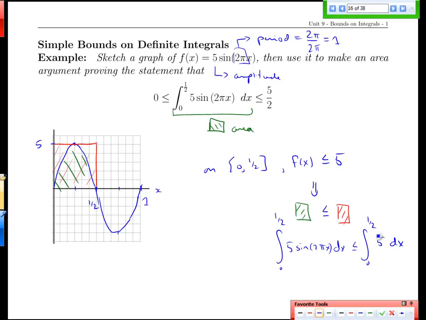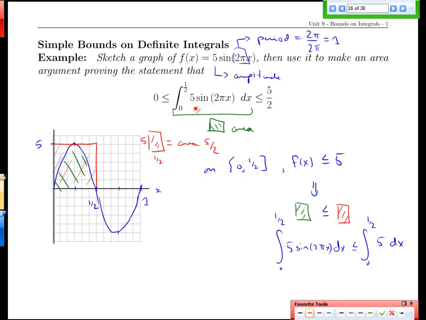We're going to learn specific techniques later on, but if we just look at this diagram, it's a rectangle with height 5 on this side, 1/2 on the other, and so the area is 5 times 1/2, which is 5/2.